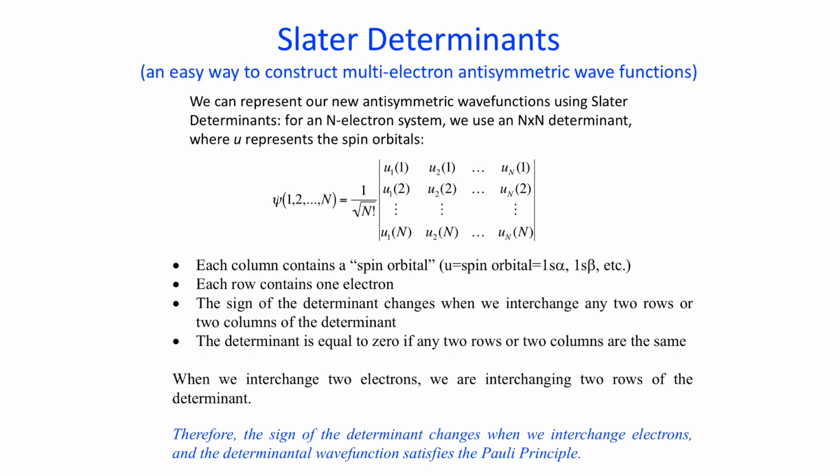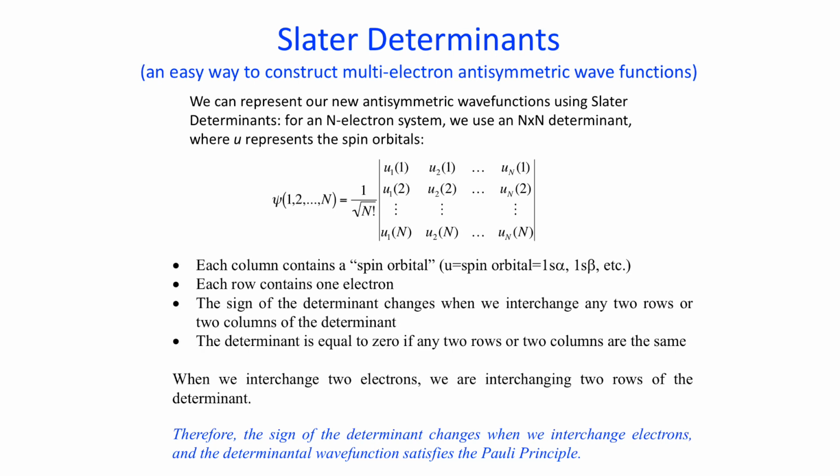The nice thing about these determinants is that they help to guarantee certain requirements that we have on our wave function. Specifically, the sign of our determinant will change when we interchange any two rows or two columns of the determinant. That is essentially the same thing as saying that it satisfies our Pauli principle, right?